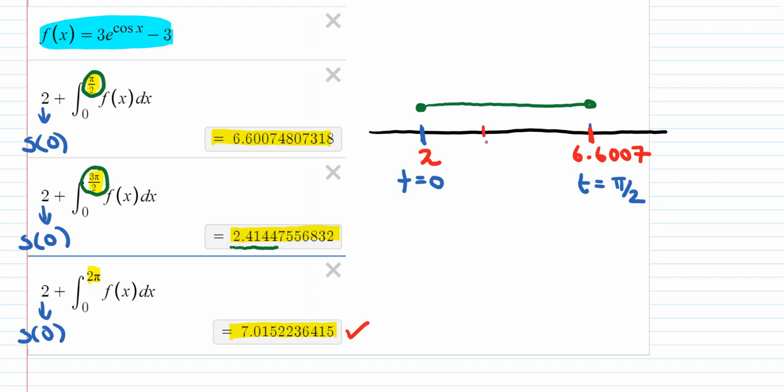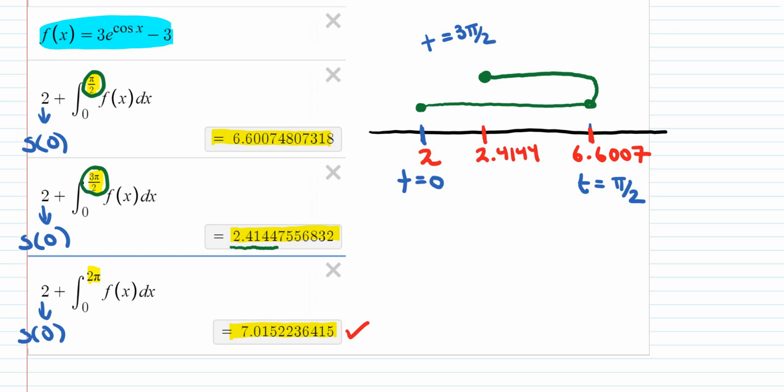What's happening is the particle is turning back now, and it's going backwards, or coming back home. And this is a time value of 3 pi over 2. So at 3 pi over 2 it is at a position of 2.4144. So it actually is coming back.